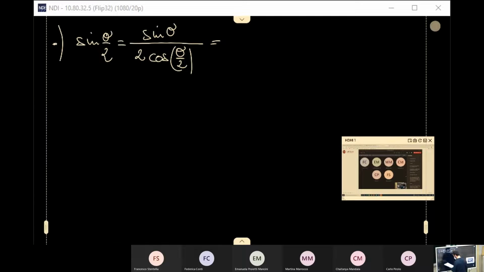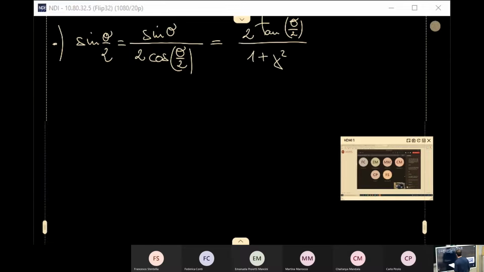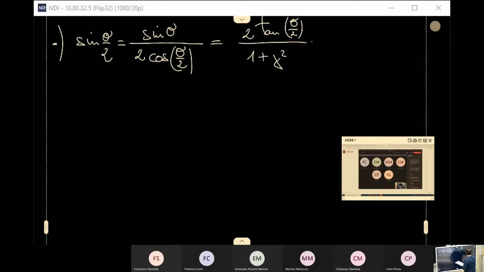Now, resorting to the definition of the sine that we have just done before, we can rewrite this as 2 times the tangent of theta divided by 2 over 1 plus gamma squared times, well, what's below the fraction. So this and this we can basically remove.